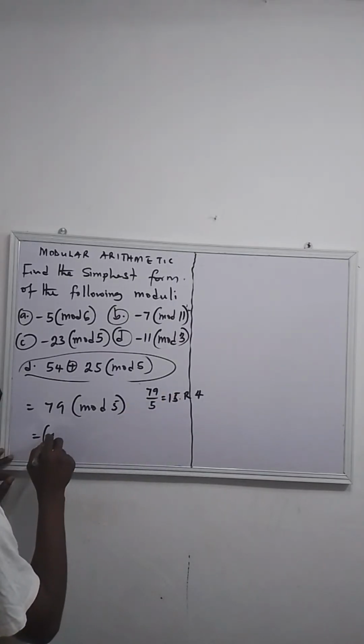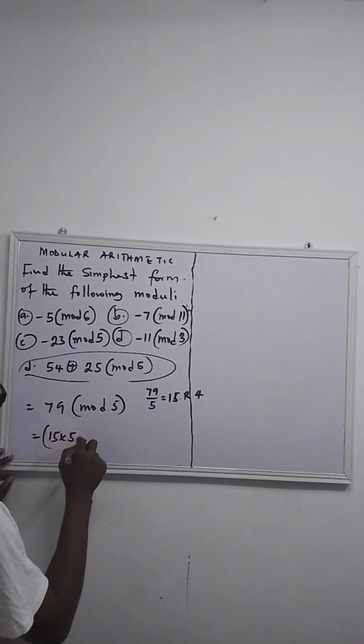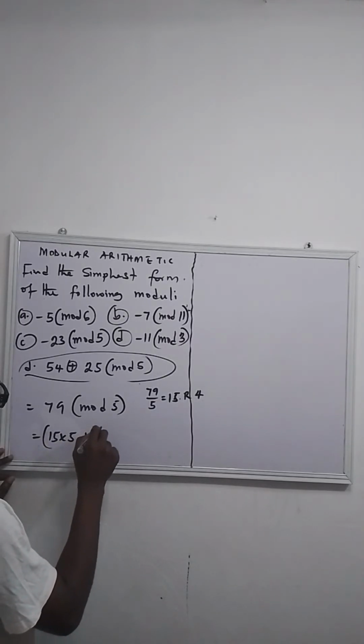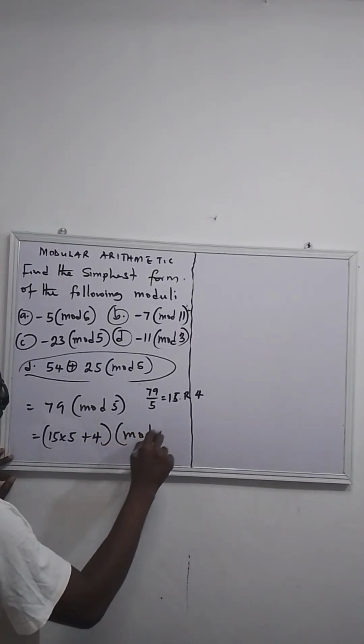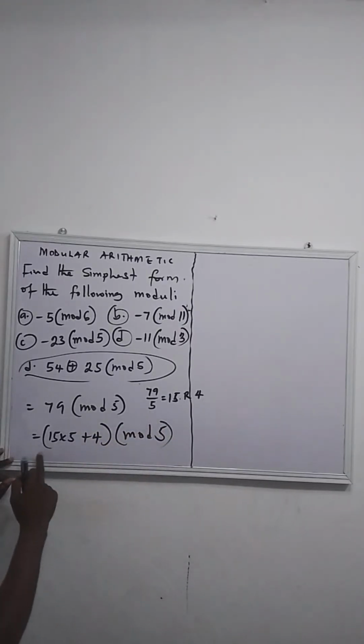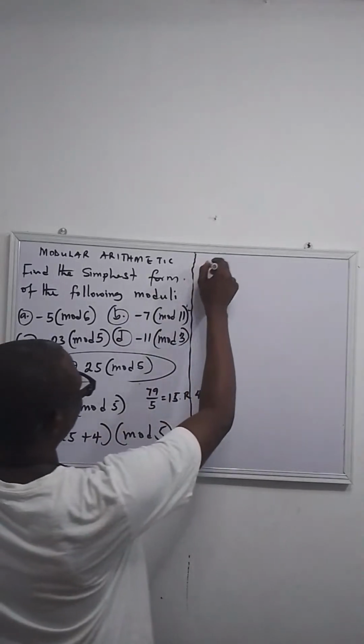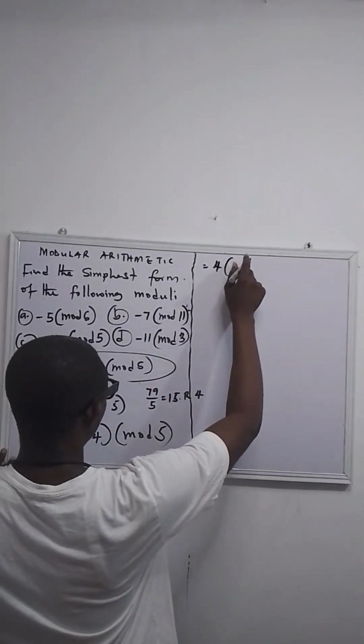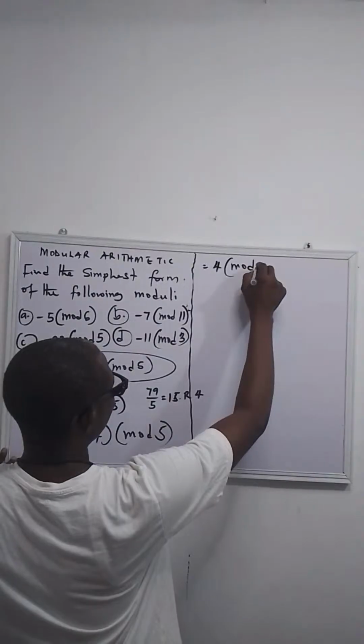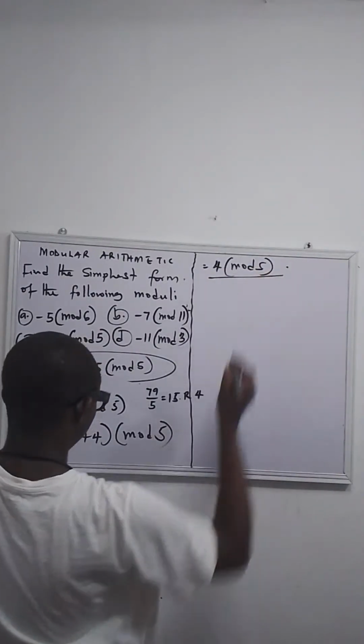So that we have 14 times 5 plus 4. So that will be mod 5. So now what's the answer to this? The answer is going to be 4 mod 5. So that's the answer.